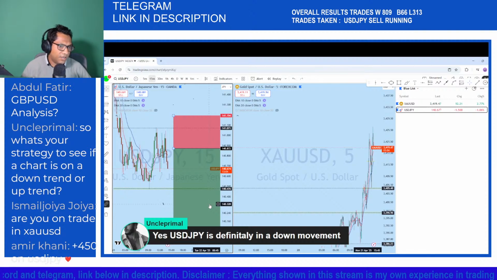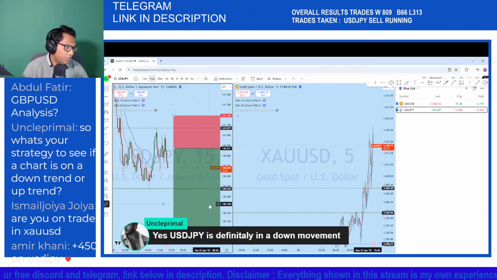So you can see the market is having the trend, and we are waiting to see that dropping back to that support.